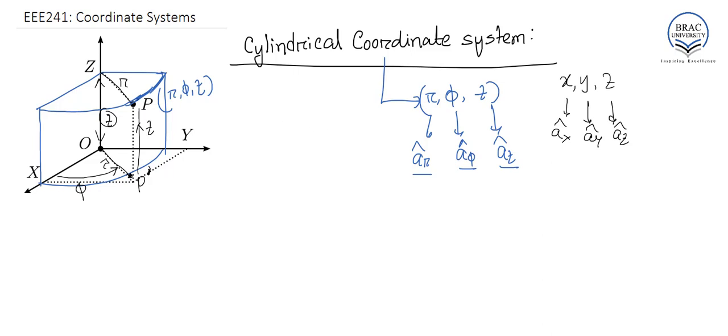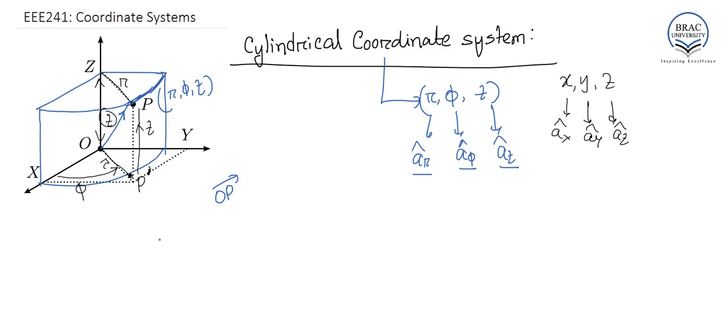In this case, the P point over here should also have a position vector associated with it, right? The position vector will be defined as usual, starting from the origin and ending at the P point over here. So the OP vector will be the position vector of the P point, right?